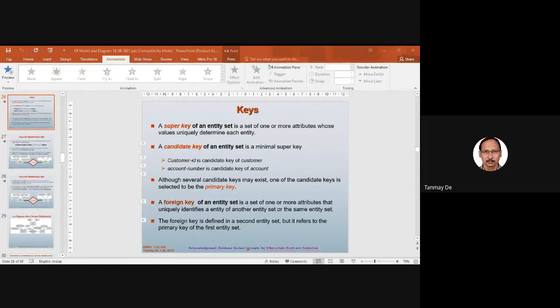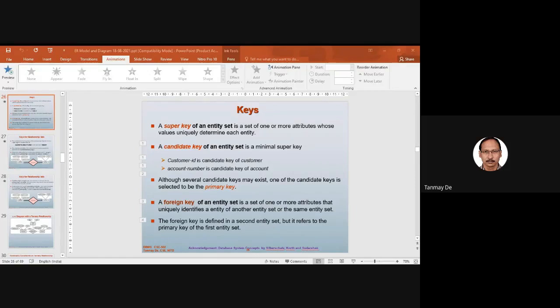You can remember this: it can serve as a primary key of one entity set, and it can be a simple attribute of the other entity set. That is, the foreign key is defined in the second entity set, but it refers to, or can act as, the primary key of the first entity set.